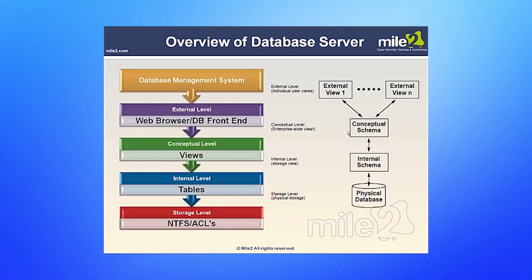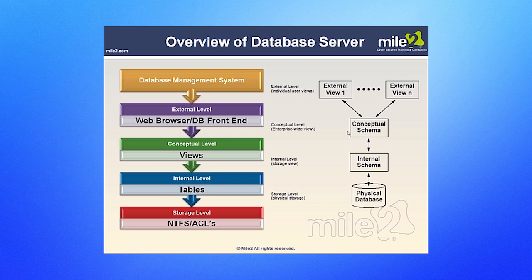An overview of database servers. We know we have the database management system, and externally we have web browsers, or there may be some piece of software called a front end. It's what the users would use to interact with your database, the database front end.